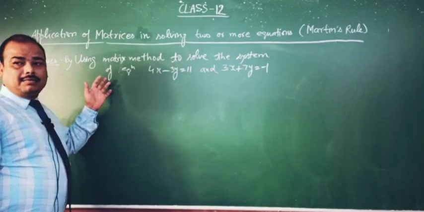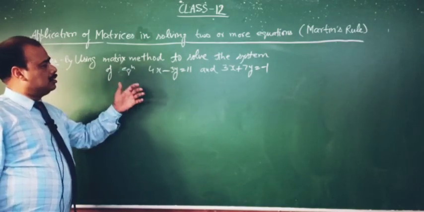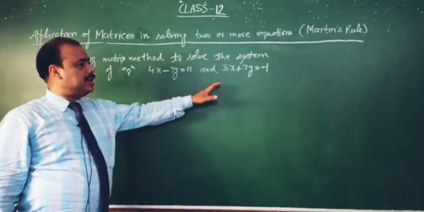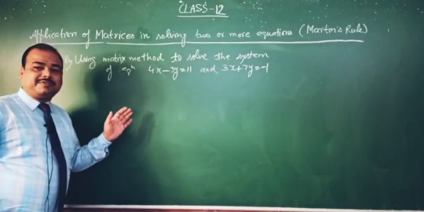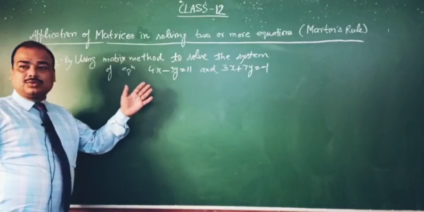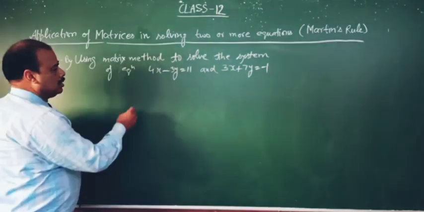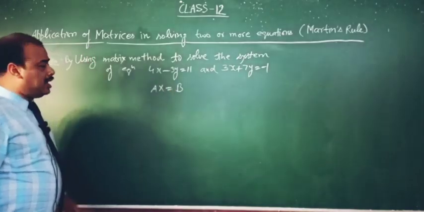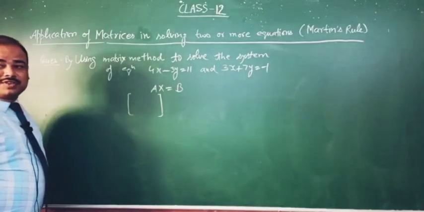By using the matrix method, solve the system of equations 4x minus 3y equal to 11 and 3x plus 7y equal to negative 1. First of all, we have to write these two equations in AX equal to B form. A is the matrix of coefficients.